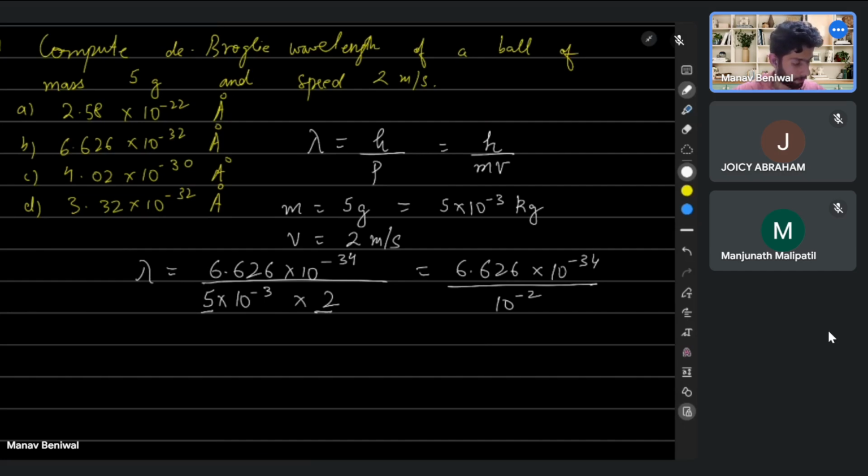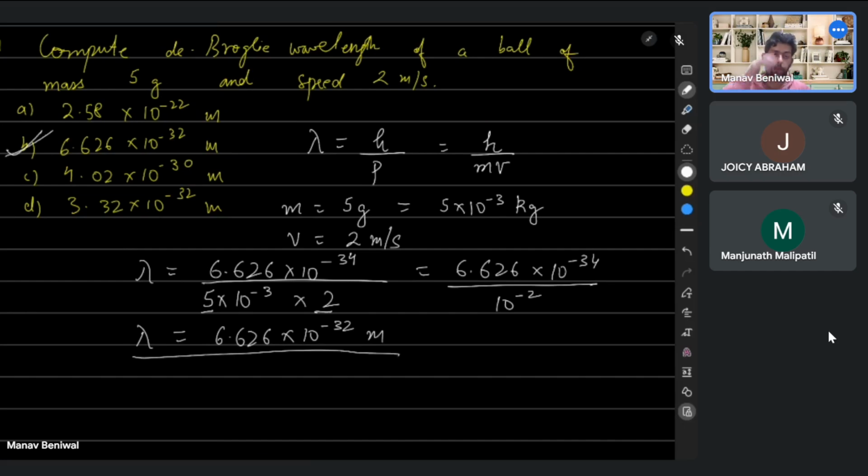These values will be in meters. Therefore lambda becomes 6.626 into 10 to the power minus 32 meter, which is option B.